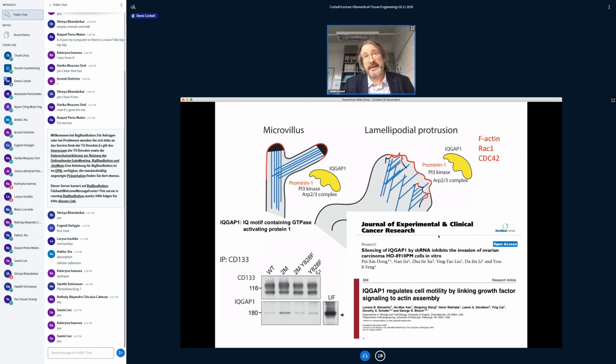So you have an active reorganization of the membrane in front of the migrating cell. And probably in the cancer cell, prominin can also play a role there. In the future, what we would like to study is how all these proteins interact in more detail with each other. And it's also known that if you knock down prominin in cancer cells, the migration will go down.